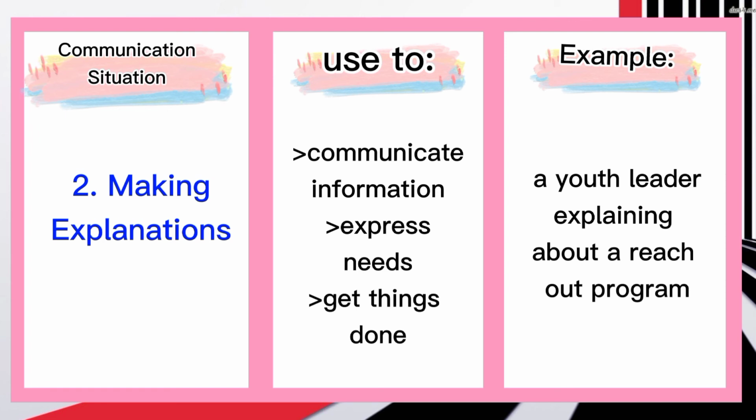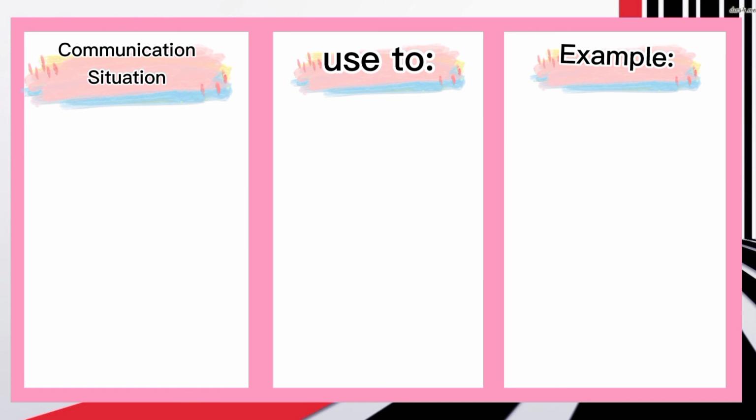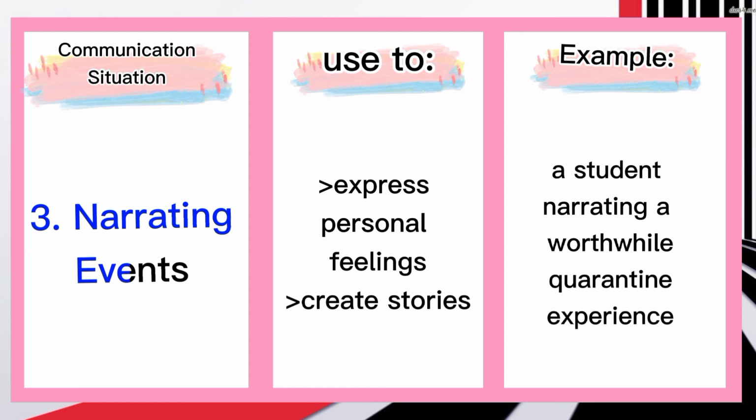This is used to communicate information, express our needs, and get things done. Example, a youth leader explaining about a Reach Out program. And lastly, number 3, narrating events. This is used to express a personal feeling or create stories. For example, a student narrating a worthwhile quarantine experience.